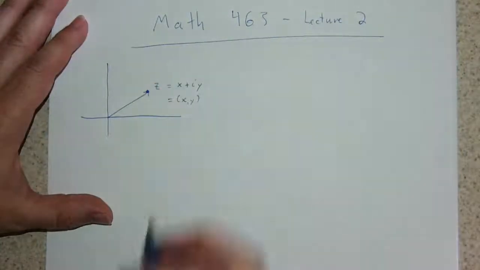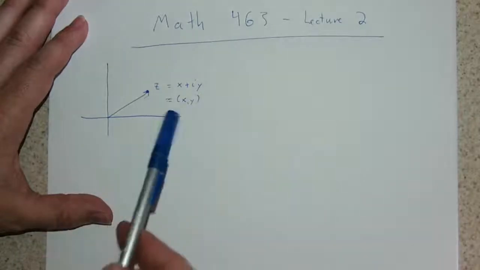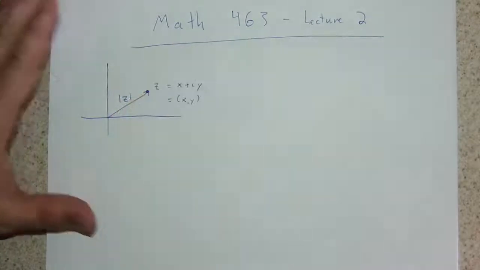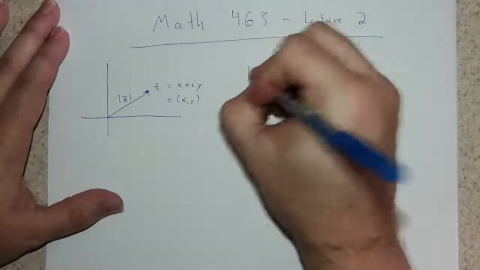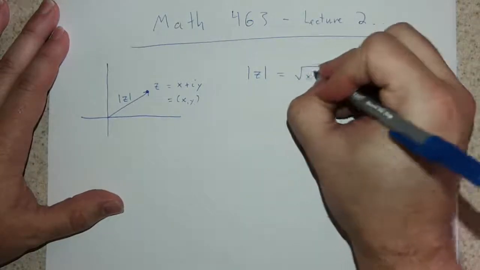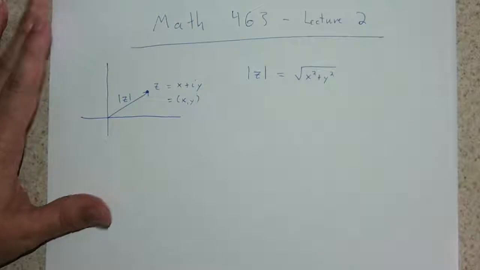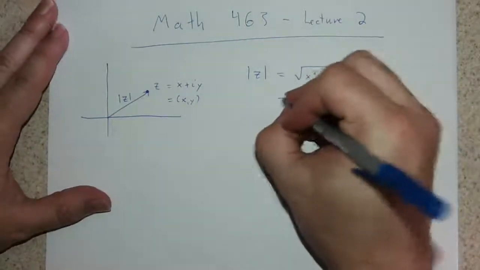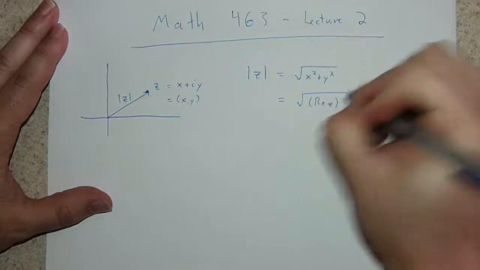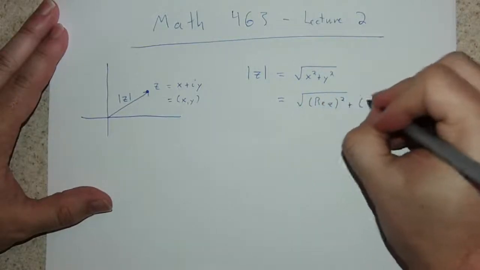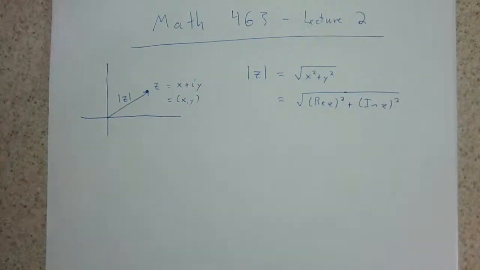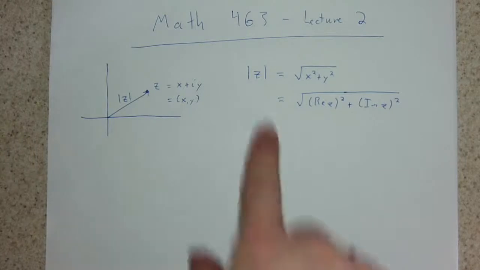If we're thinking about this as a vector with terminal point indicated by this ordered pair, then that distance we saw was this quantity that we called the modulus, right? So the modulus of this complex number is the square root of x squared plus y squared, right? Or thought of another way, this is the square root of the real part of z squared plus the imaginary part of z squared. This is a more convoluted way of writing it, but that's exactly what is being conveyed here.